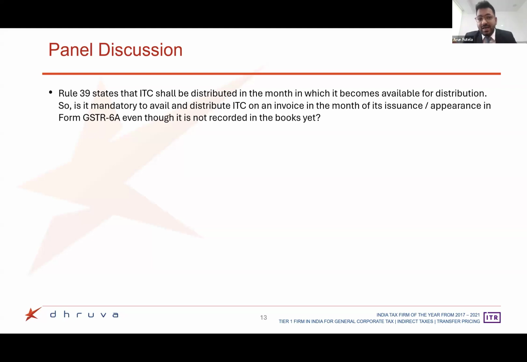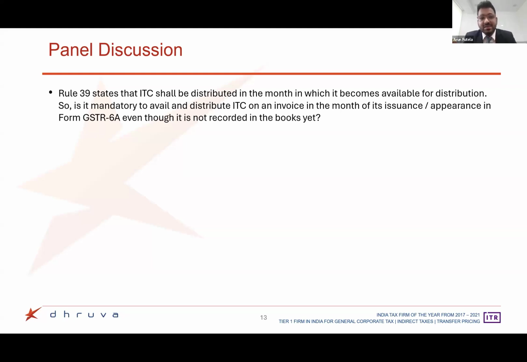To answer, I'll try to cover where this came from. Rule 39 simply says that any ITC which becomes available for distribution has to be distributed in the same month. Now the question is, when does ITC become available for distribution? This term is not defined either in Section 20, which is the ISD provision, or under Rule 39.